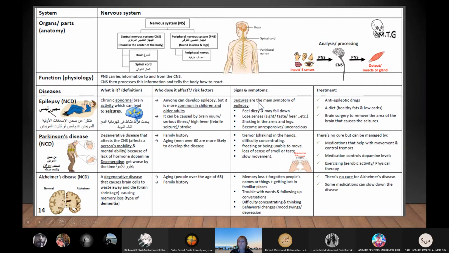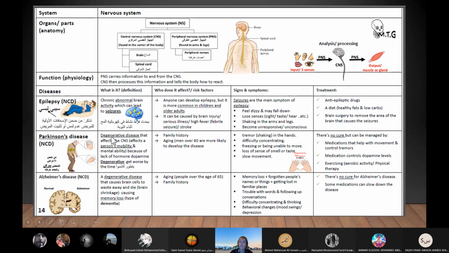And some of the signs or symptoms of somebody having an epileptic seizure, they may fall down and feel dizzy. They may start shaking, and they cannot respond to you. Okay, they cannot respond. We'll talk about how we respond in a medical emergency in a little bit. Okay, so that is seizures.